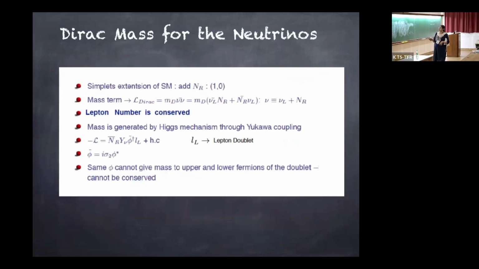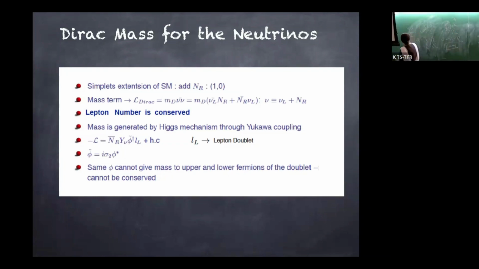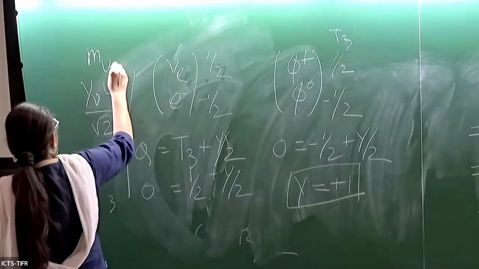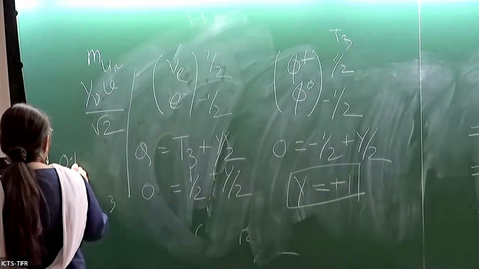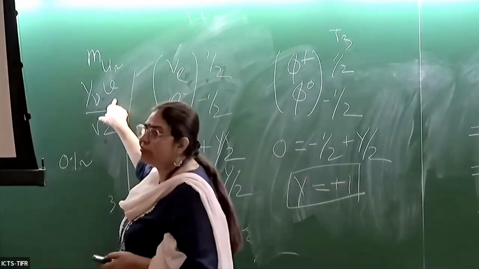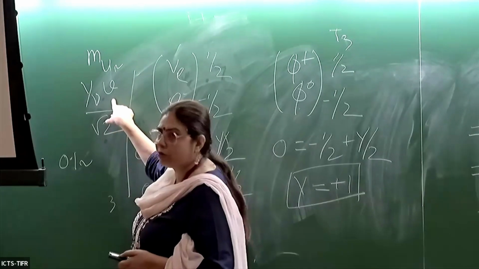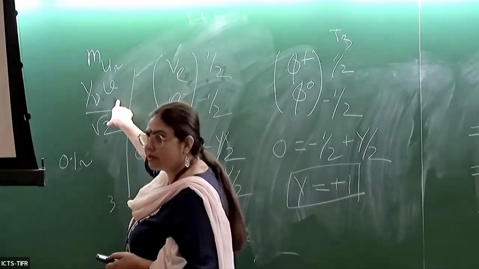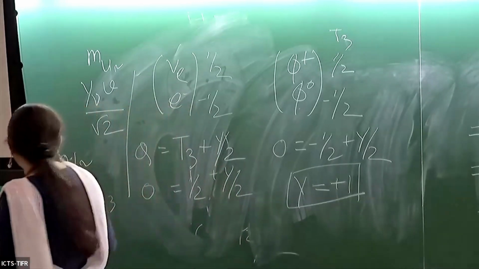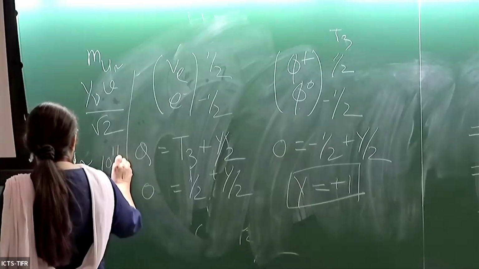And what happens is, when I add a right-handed neutrino, you can ask me what is the problem. You add a right-handed neutrino, you give a Dirac mass. The problem here is the following. Then if I have my M nu as this, Y nu V by root 2, and if I want M nu, say of the order of 0.1, and if I assume my V as 100 GeV, where V is the vacuum expectation value, so V by root 2 is about 176 GeV. If I assume this as 100 GeV, so this is like 10 to the 11 electron volt, right?